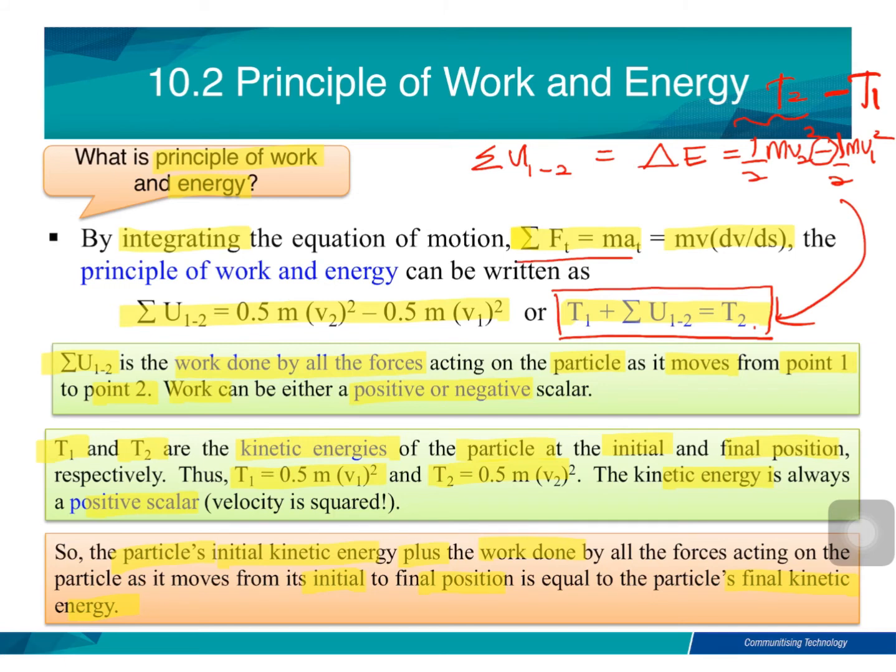Work can be either a positive or negative scalar. And you must remember that kinetic energy T1 is the initial and T2 is the final position. The kinetic energy is always a positive scalar. The particle's initial kinetic energy plus the work done by all the forces acting on the particle as it moves from the initial to final position is equal to the final kinetic energy.